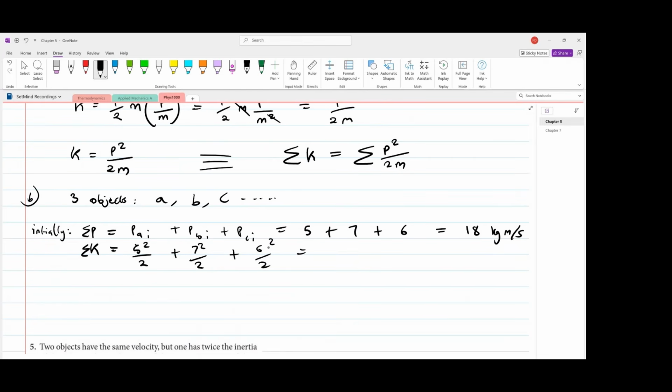I'm using my calculator, and this gives 55 joules. So this is initially, and then an inelastic collision occurs.